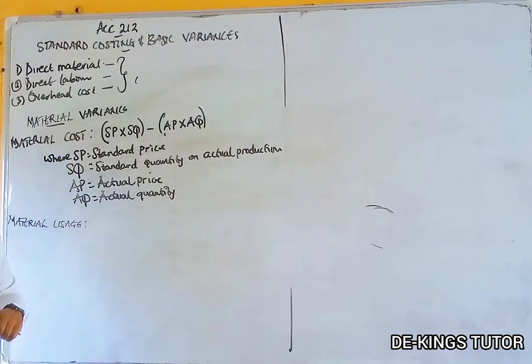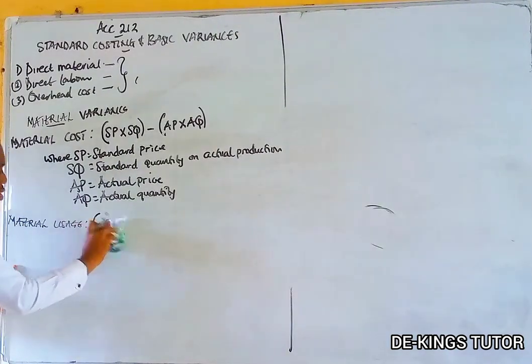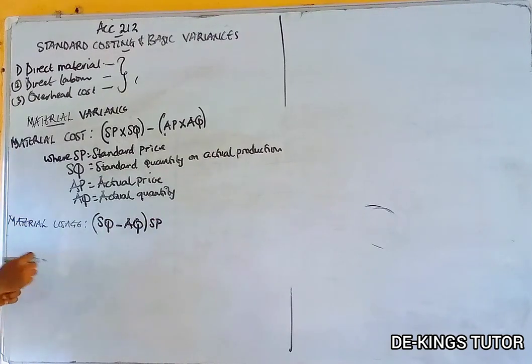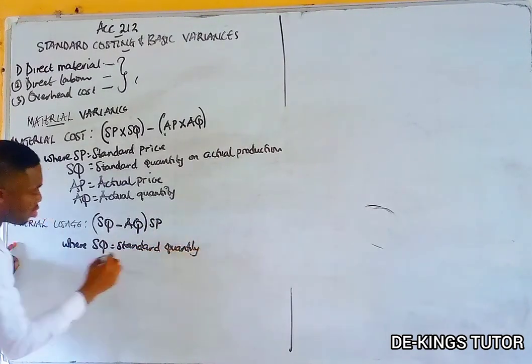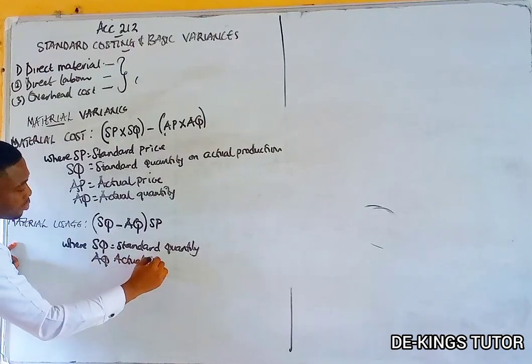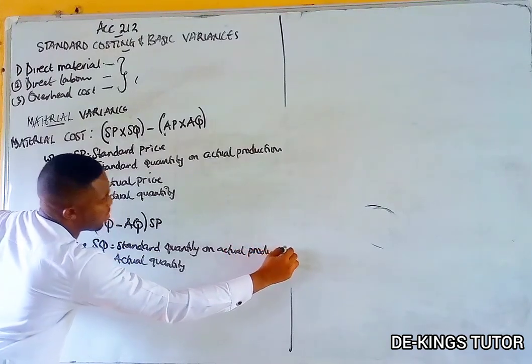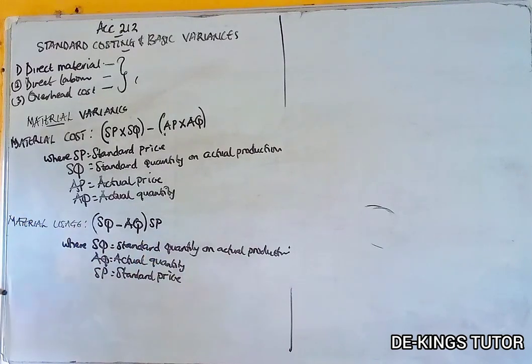So, we want to get the variance for the quantity, and it will now be the standard quantity minus actual quantity times the standard price. That's the second one.